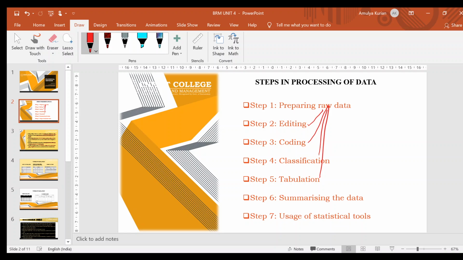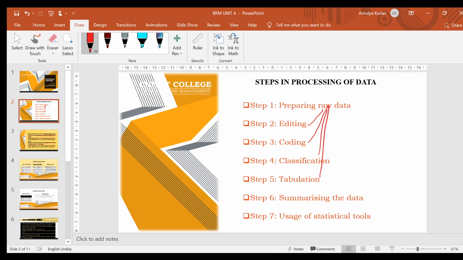In that case, we have to remove that question for data analysis. And there will be certain cases where the respondent wouldn't have responded to certain questions or made a different answer for the question which you had given. So in that case, either you have to correct the answer or you have to omit it. So that is called editing.